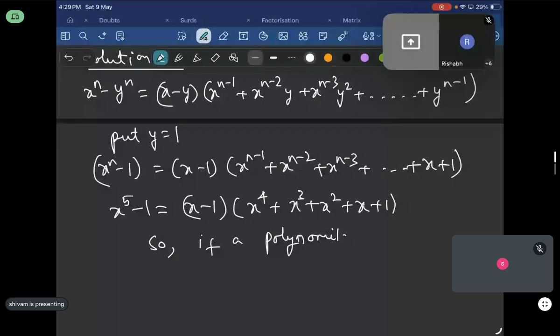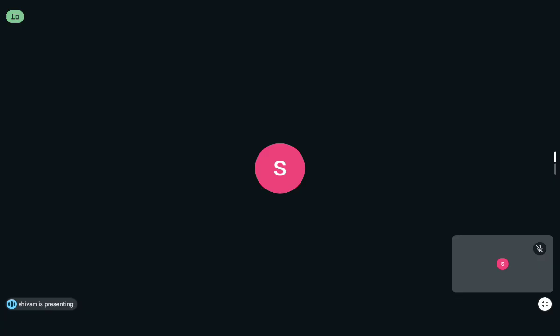So everyone, can I say that if a polynomial is divisible by x to the power 5 minus 1, it is also divisible by x to the power 4 plus x cube plus x square plus x plus 1? Let's see, if 16 is divisible by 8, 16 is also divisible by 4, since 4 is a factor of 8. Right? Tell me everyone.